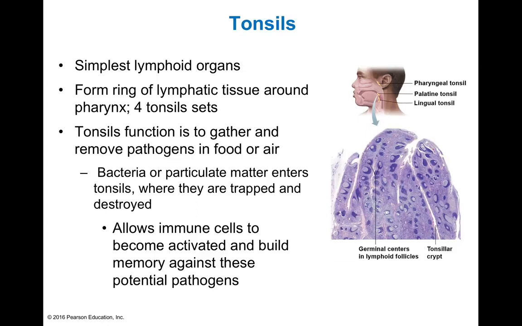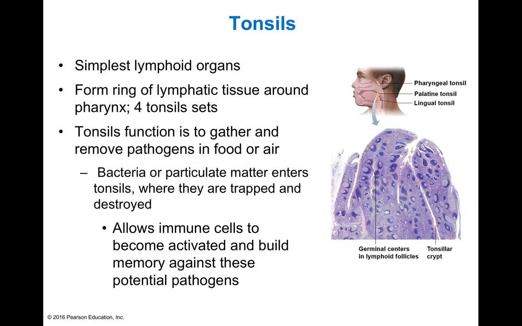So think of them as the first line of defense. If they come in contact with anything through your mouth or anything passing through the air, they are the ones that activate your lymphocytes and trigger an immune response.